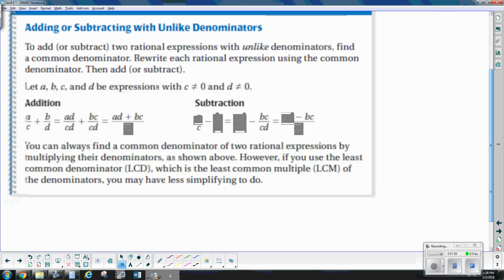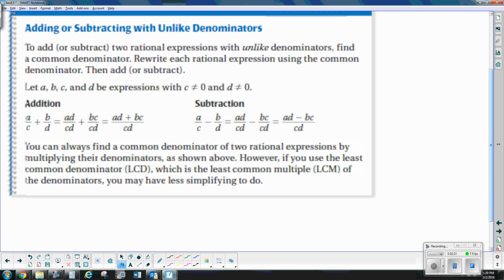So that was adding with like denominators, but now if we add or subtract with unlike denominators, we need to somehow get a common denominator. Remember that you can always multiply by 1, so any number over itself is equal to 1.